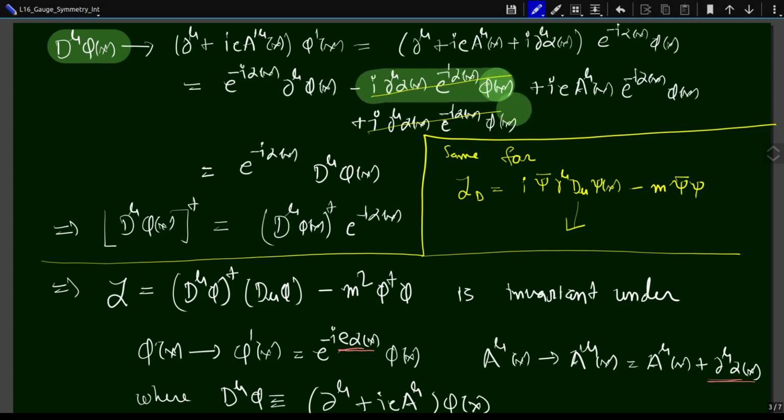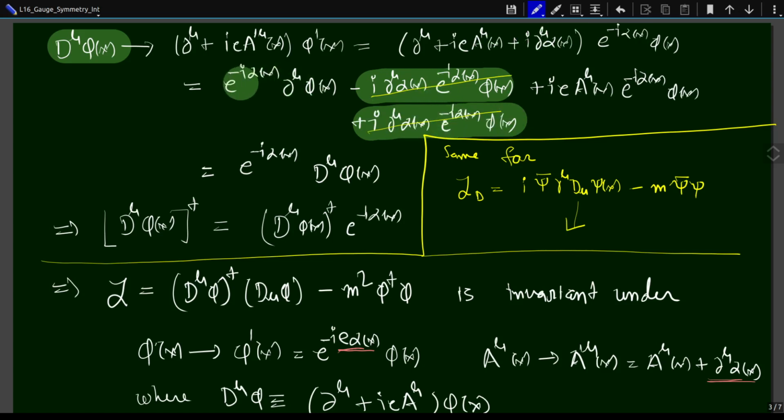These are the two pieces coming from ∂, and the last two pieces are these two terms multiplying with exp(-iα) φ(x). You can see that the term here and the last term, which came because of the transformation of A, exactly cancel each other.